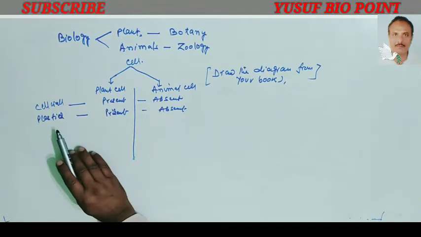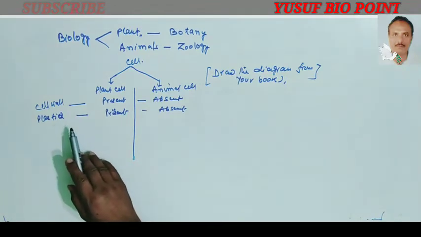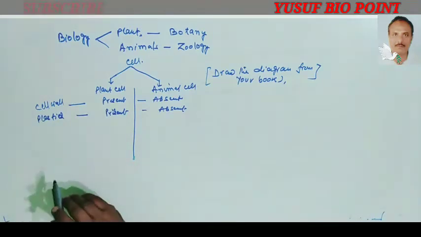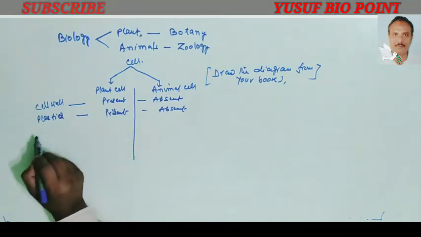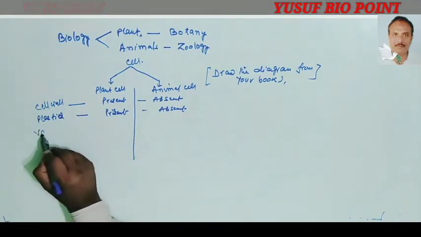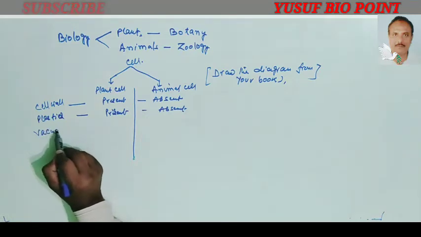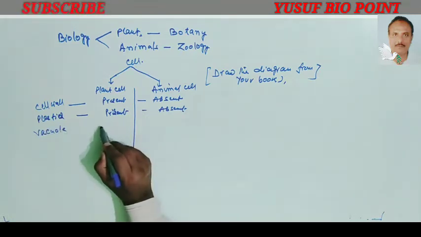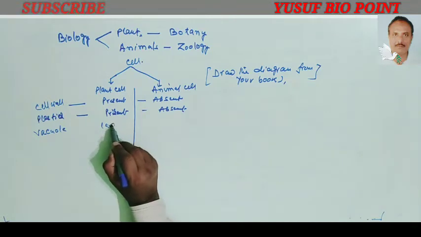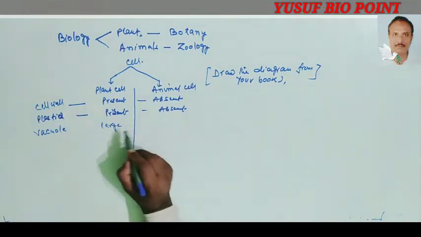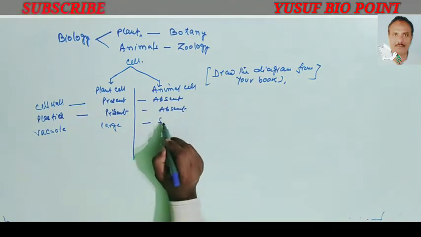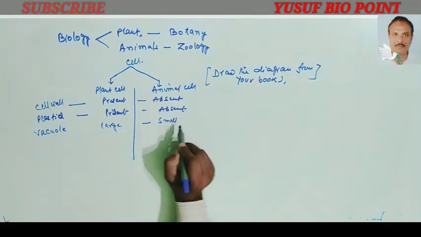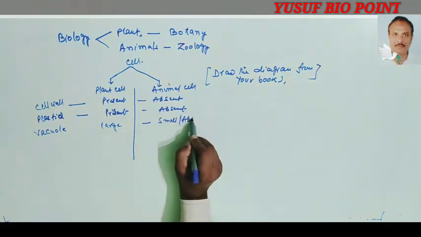Due to the presence of plastids, plants make their food by themselves, which we will study in the next classes. Next, the vacuole is large in plants, and small or absent in animals.